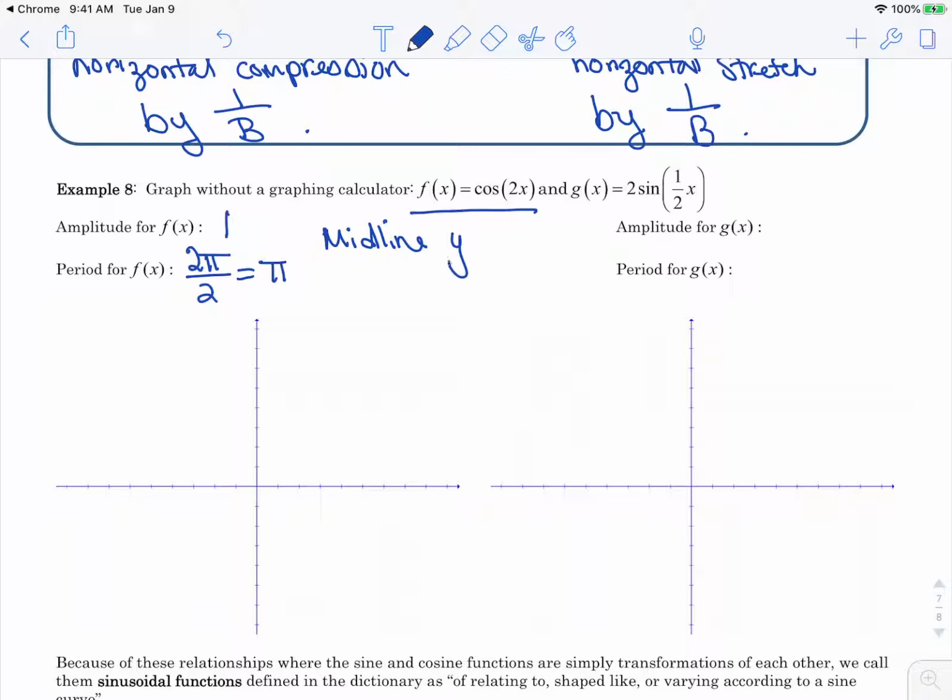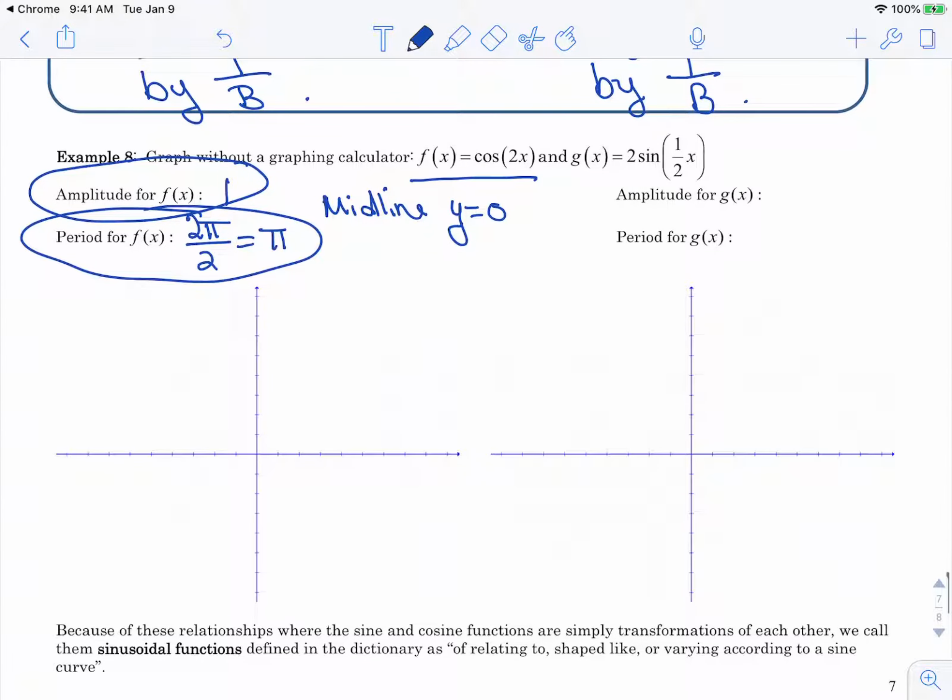Our midline for this one would be y equals 0 because there's no plus or minus on the end. It's not going to horizontally shift either because I have no plus or minus inside the parentheses. So being consistent, I'm choosing my scale based on this information. So I'm still going to work in quarters.